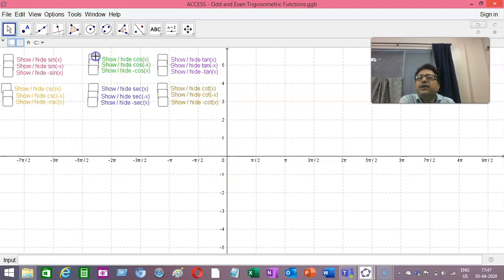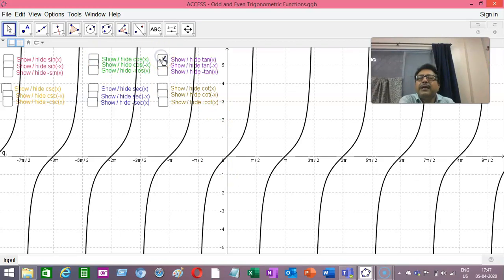Let us go for next one, that is for tan x. See, the tan x graph is passing through 0, pi, 2 pi, 3 pi, 4 pi, 6 pi, like this. And these are the points where the graph cannot be drawn. Later on we will mention this as a point of discontinuity in continuity chapter.